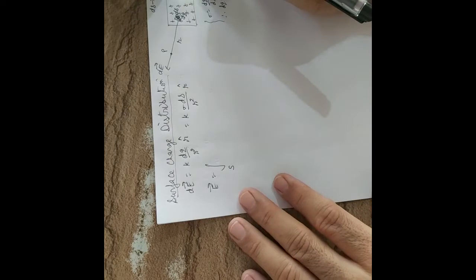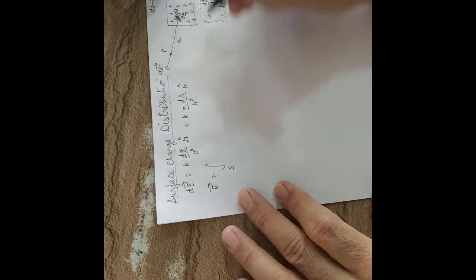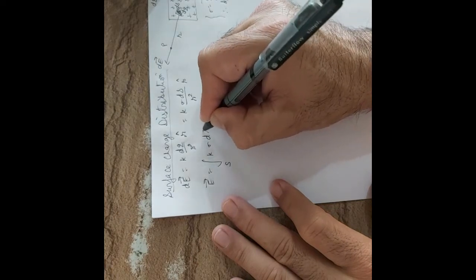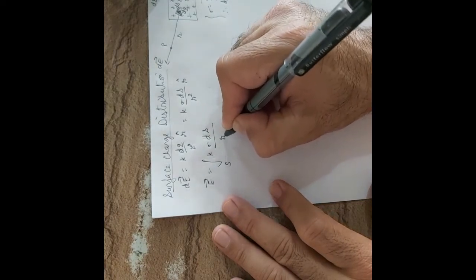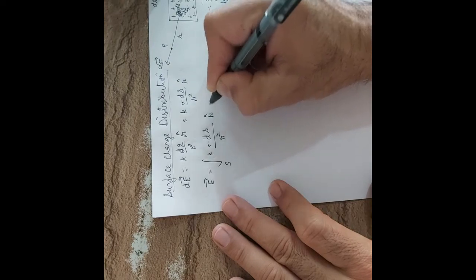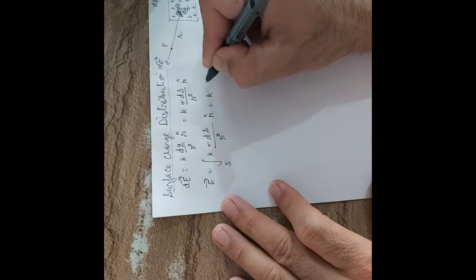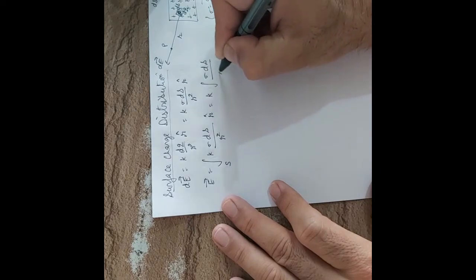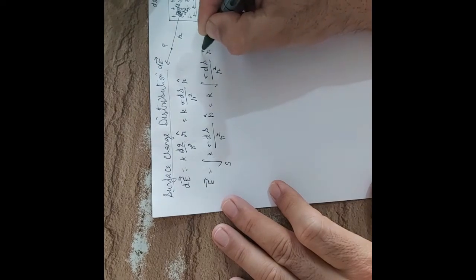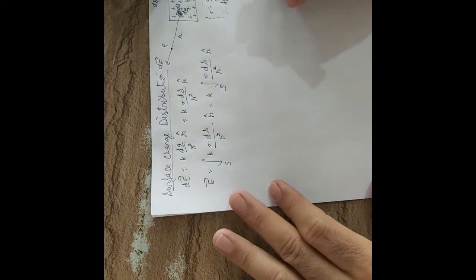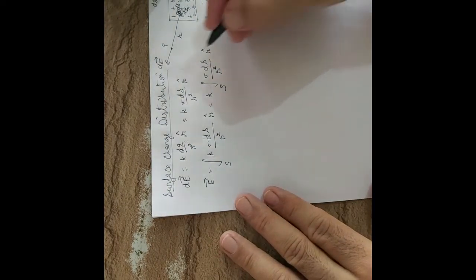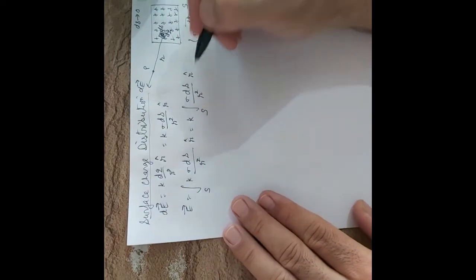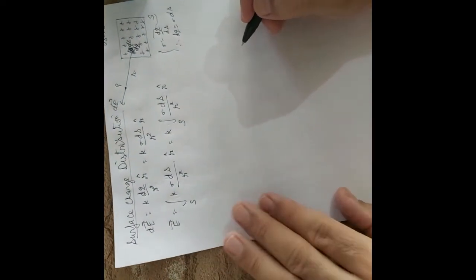Its integration is carried over this surface S. So it is K sigma ds upon R square R cap. Now take K outside, sigma ds upon R square into R cap, and the integration is carried over this surface. So this is the expression of electric field due to surface charge distribution.